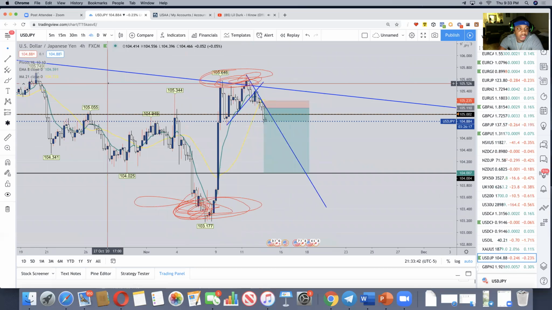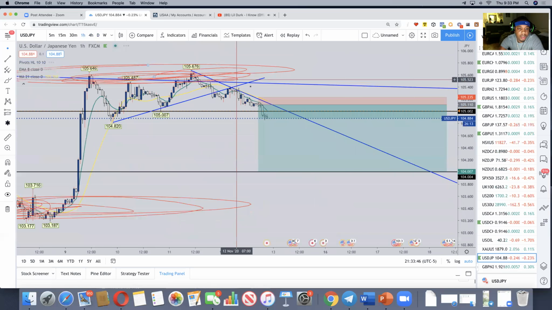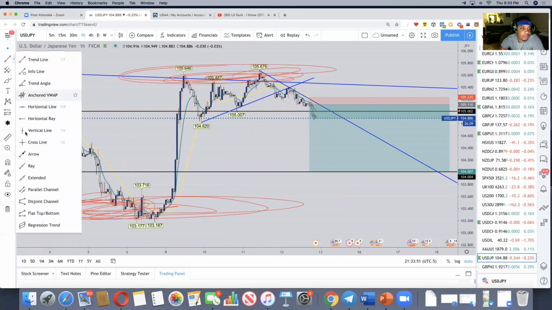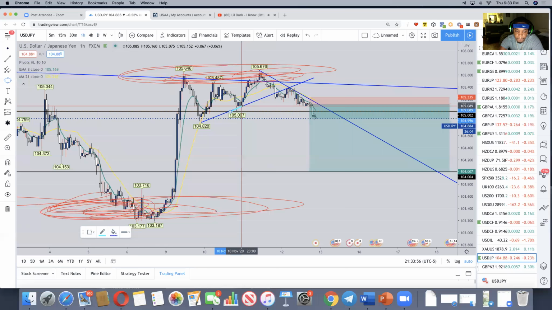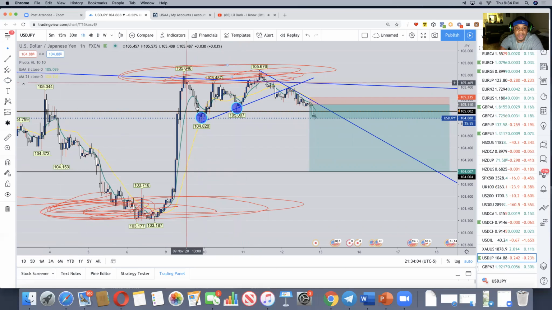We got the break of structure right here, 4 hour and the hour. We didn't get another high, so we got the bounce. We got a high right here, then we got a high right here. So yeah, that's cool.